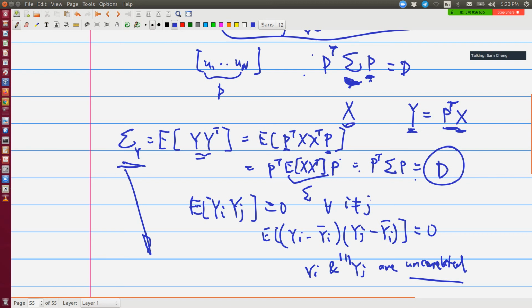For i equal to j it will not be 0, because that will be a lambda. But we just need that to say that y are uncorrelated, right?